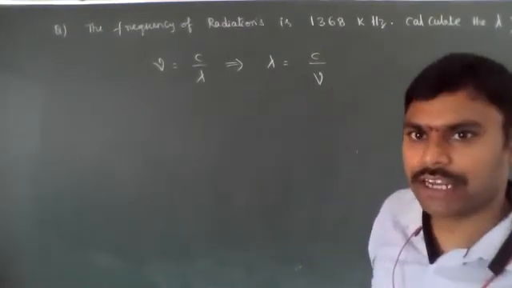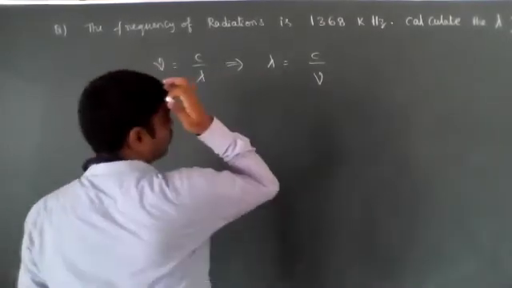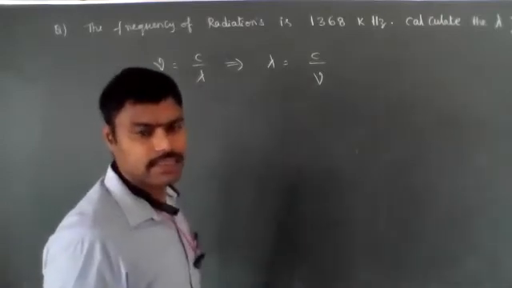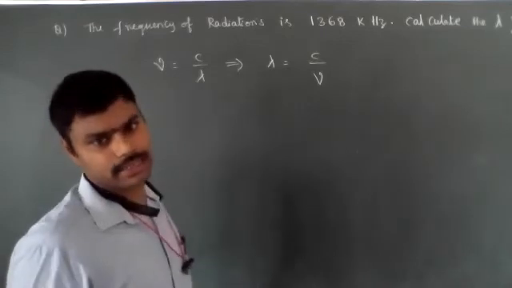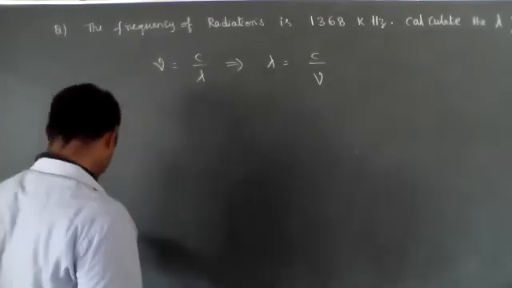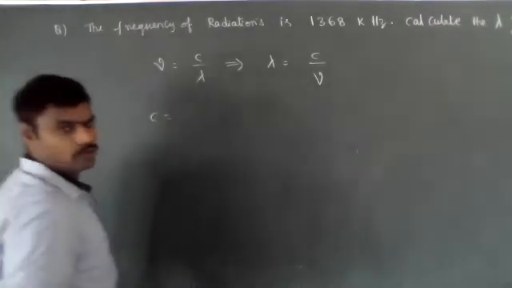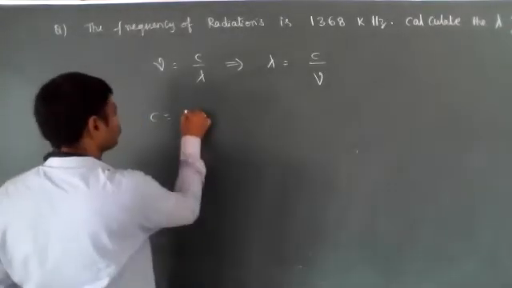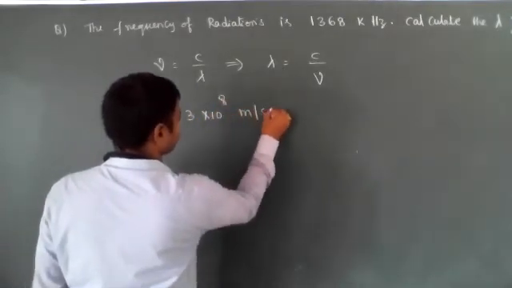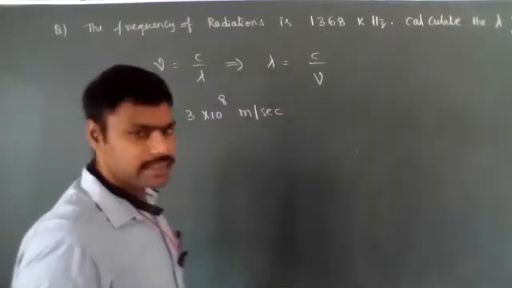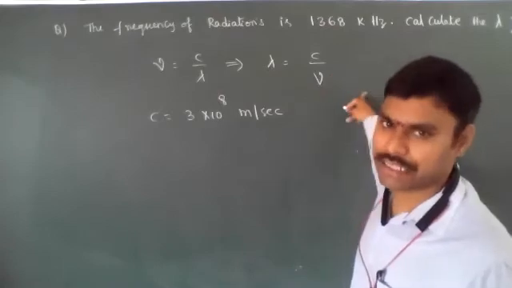Now write the given values and substitute. Whether you want to express the wavelength in meters or in centimeters, c, the velocity of light, is 3 into 10 to the power of 8 meter per second, or 3 into 10 to the power of 10 centimeter per second, in which case the wavelength will come in centimeters.